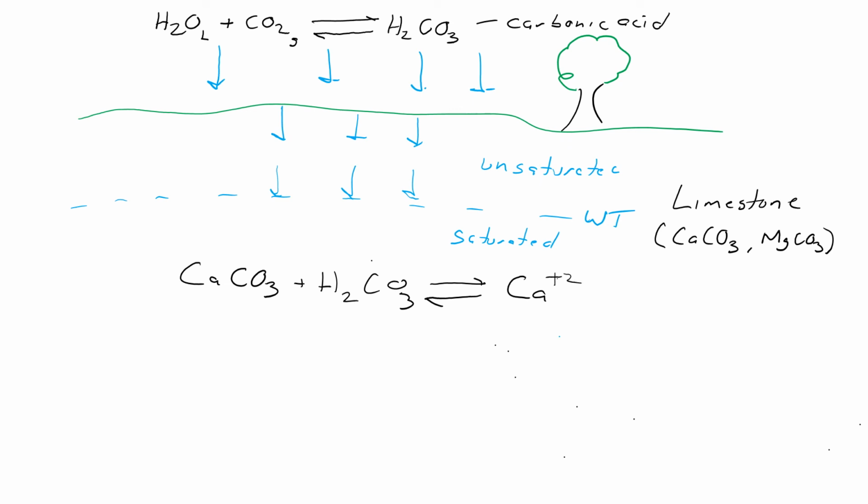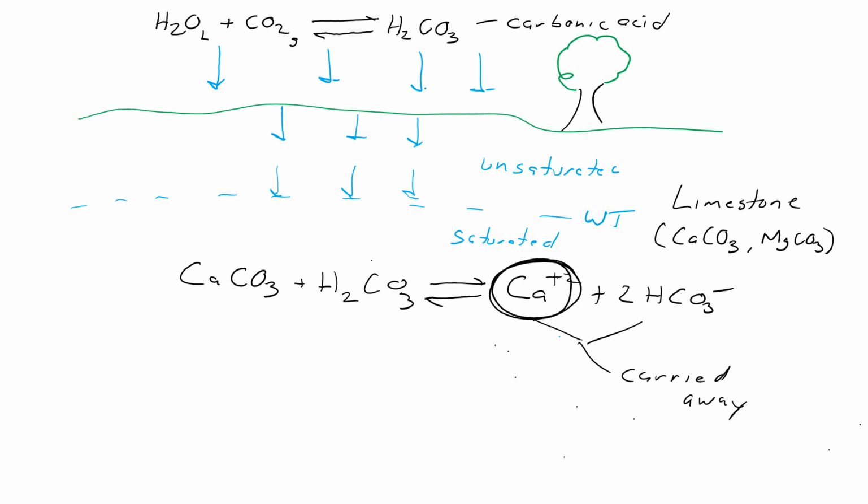So the calcium is basically busted loose, and you're left with two molecules of HCO3 minus. And all of this is sort of carried away in the groundwater. But in the process, you break apart the rock. So really what's happening is you're breaking the calcium out of the rock and putting it into the groundwater.